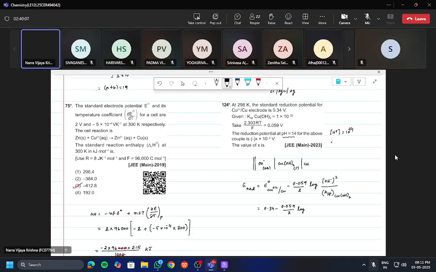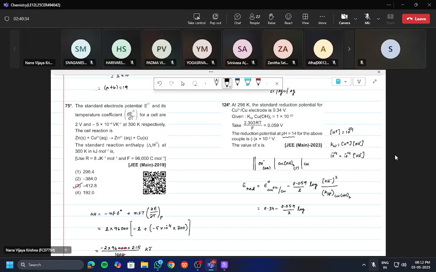Correct? What is Kw equal to? Concentration of H plus into concentration of OH minus. Kw is 10 power minus 14 equals H plus, given as 10 power minus 14, means what is OH minus? 1. Right? pH equal to 14 means pOH equal to 0. pOH equal to 0 means OH minus is 10 power 0.